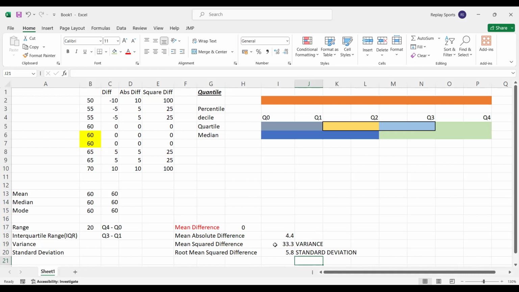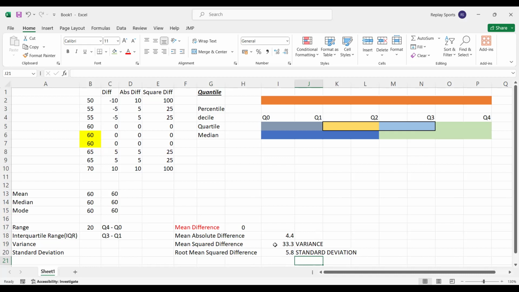Treat variance as one of the steps of calculating standard deviation. We'll always talk about standard deviation. Standard deviation is the most used metric in dispersion or variability, and mean is the most used metric in central tendency.